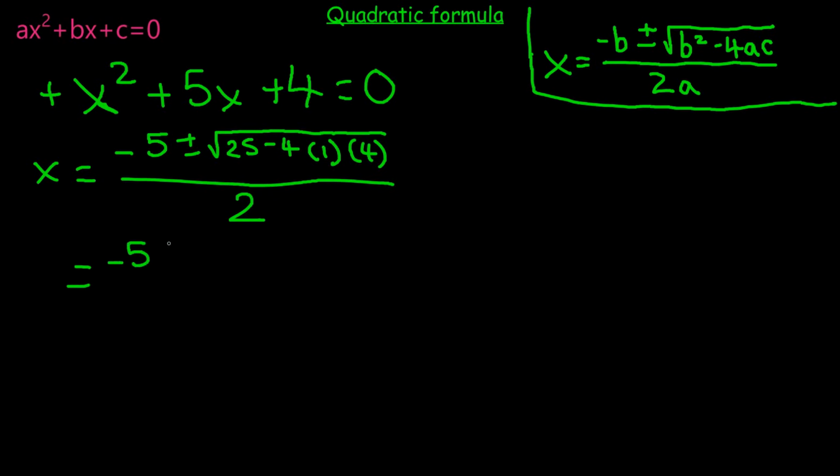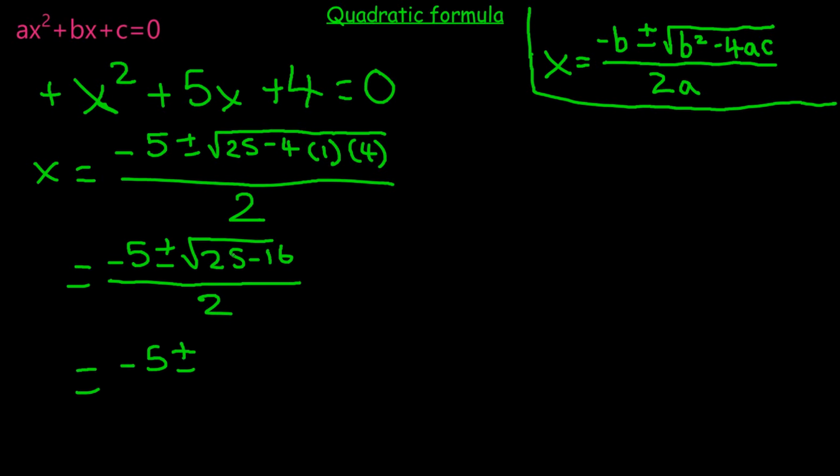Simplifying this, negative 5 plus or minus the square root of 25 minus 4 times 1 is 4, times 4 is 16, 25 minus 16 is 9, square root of 9 is 3, all divided by 2.